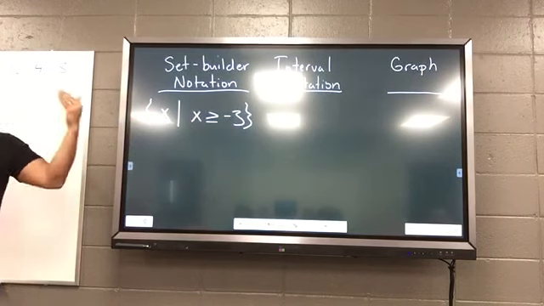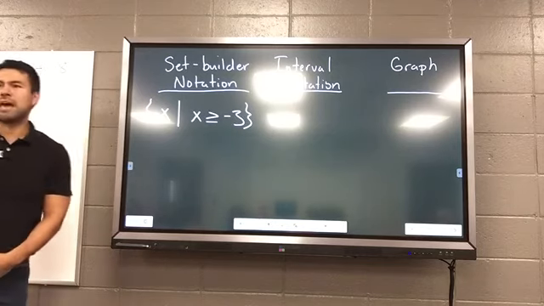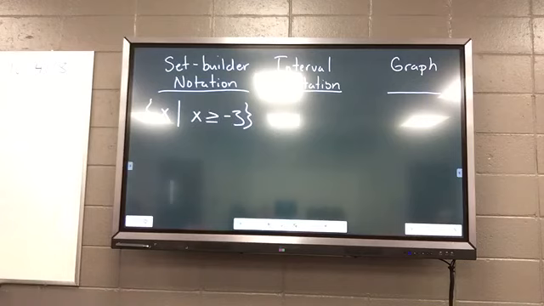X is any number such that X is greater than or equal to negative 3. Okay, good. Matt, read that for me. X is any number. And what does that symbol mean? Such.